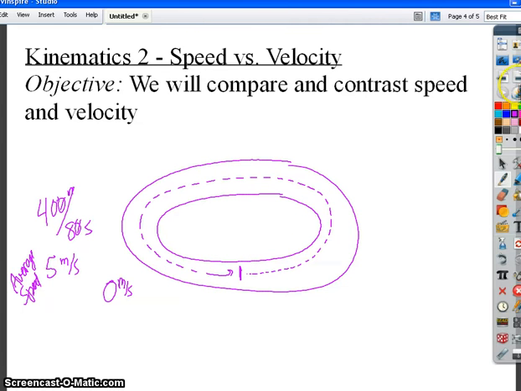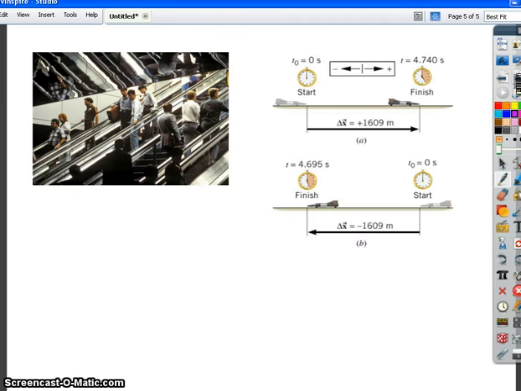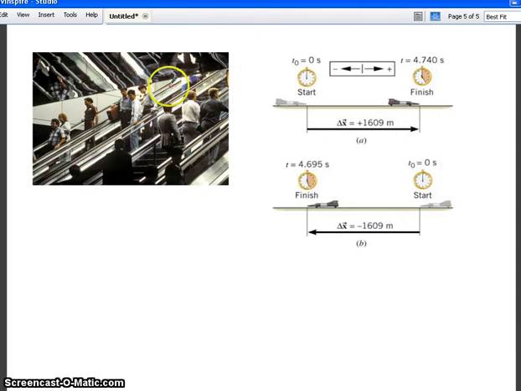And so this leads to us having to deal with our first situations of negative numbers in physics. Here's an example of people going down an escalator and up an escalator. What this picture is trying to show you is that these escalators have the same speed, but they have opposite velocities.